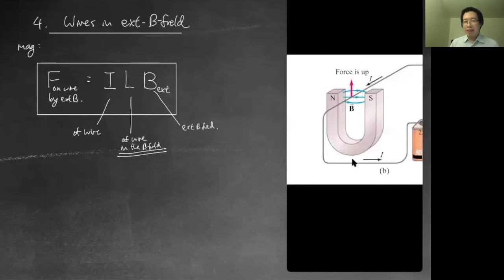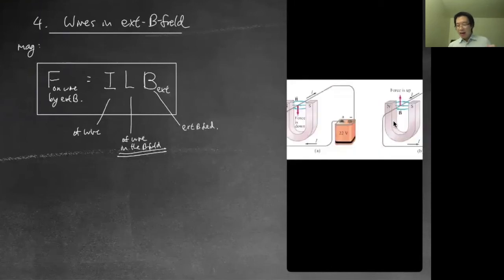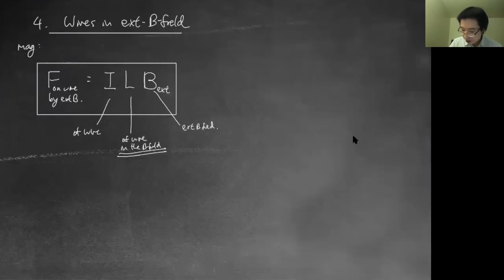How about the direction? If I pass the current this way and that way, how do I know which way is up? There are two ways to think about it. One way is that people use the idea of cross products in math. If you are familiar with cross products, then you'll be happy to know that the vector version of this is IL cross B. Now that I put a vector sign on it, I need to define the direction.